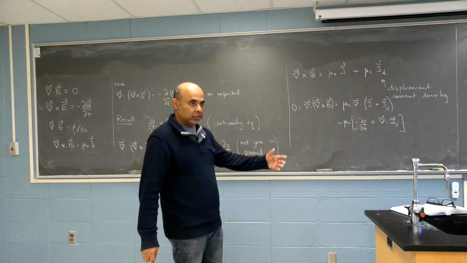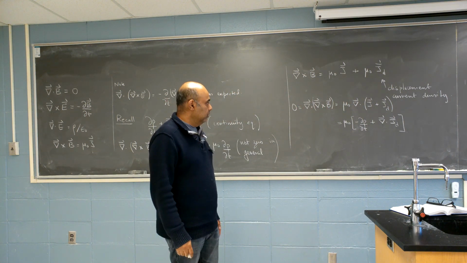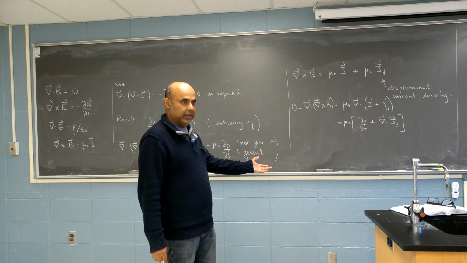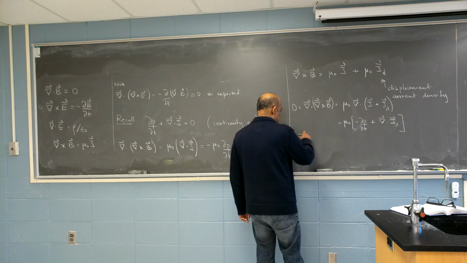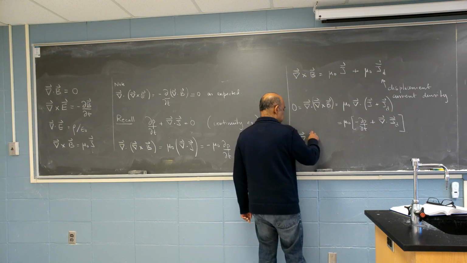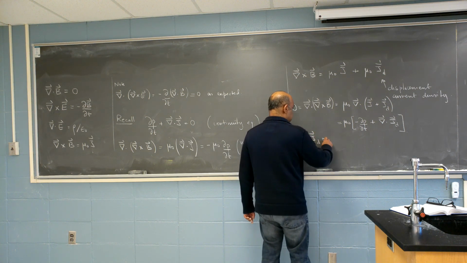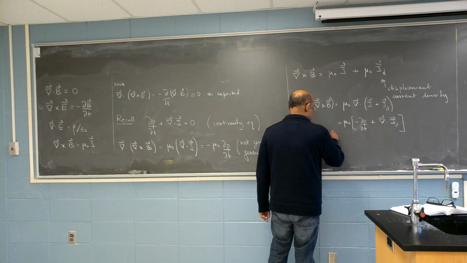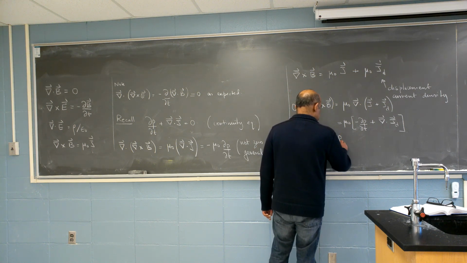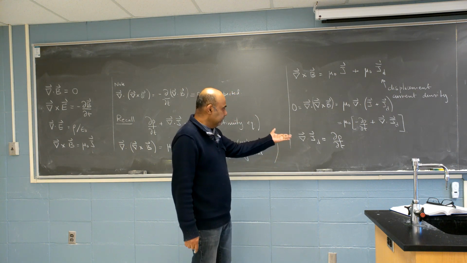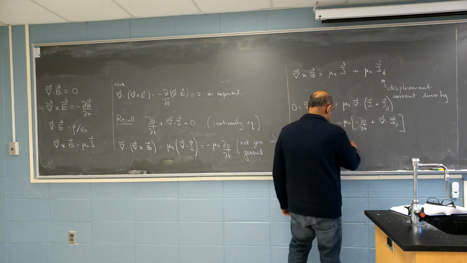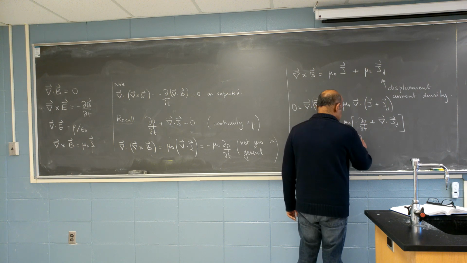You just have to solve for JD. It seems a little bit tricky, but it's not. So, divergence of JD should be equal to what? d rho dt.